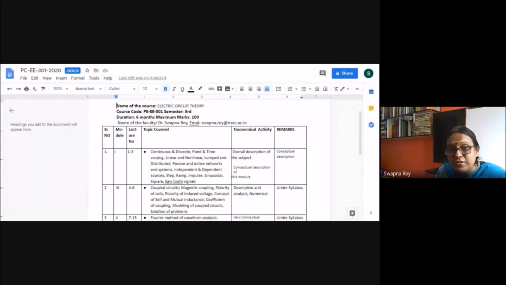You know, in the superposition theorem, how do we explain it? The superposition theorem states that if there is more than one energy source, maybe voltage sources or current sources, the current through any branch or voltage across it is equal to the algebraic sum of the current passing through the branch when one source is used at a time.